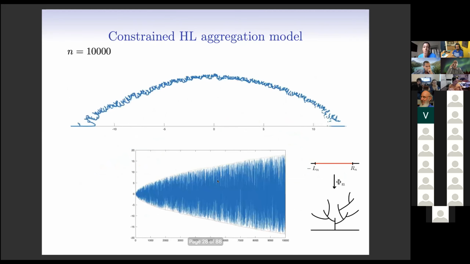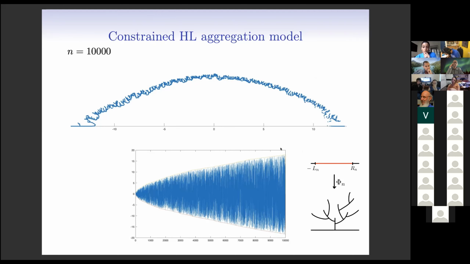And we can also keep track of the attachment points in the interval, which corresponds to the cluster growth. So remember, you have your cluster. If you map it out, it will get mapped to this red interval. It's a subinterval of the real line. And that's the interval where you choose your next attachment point.